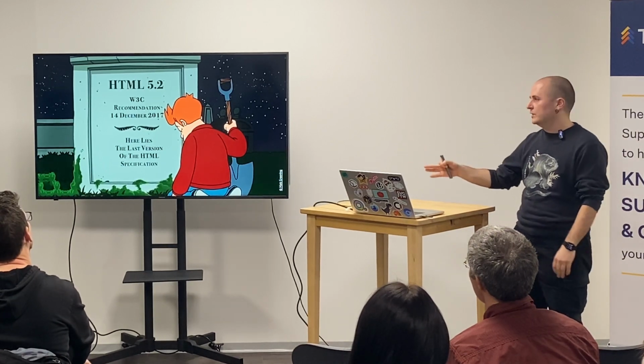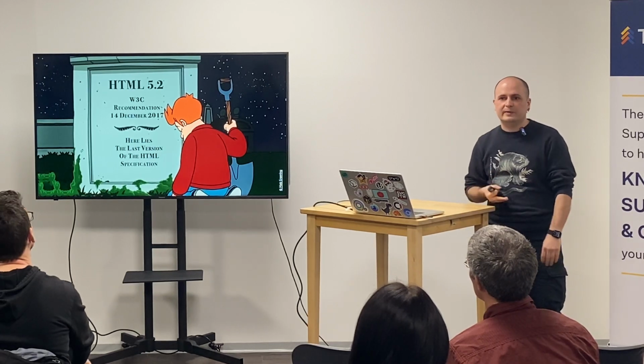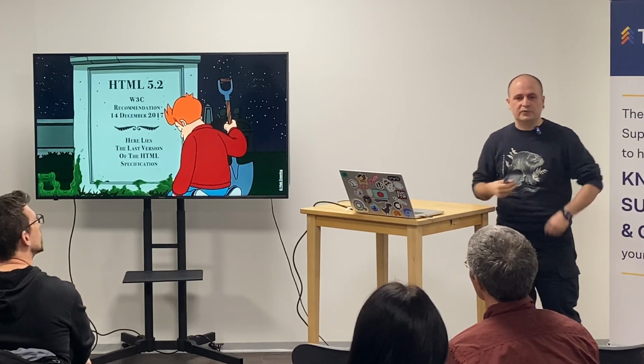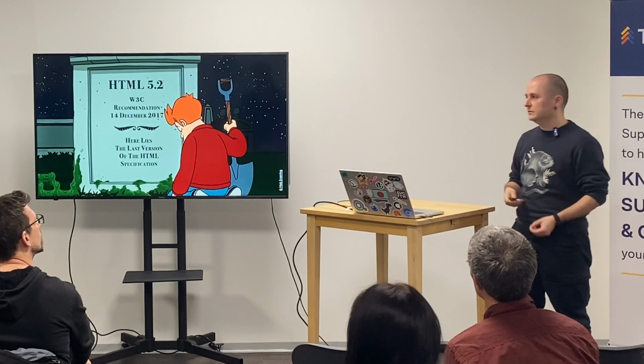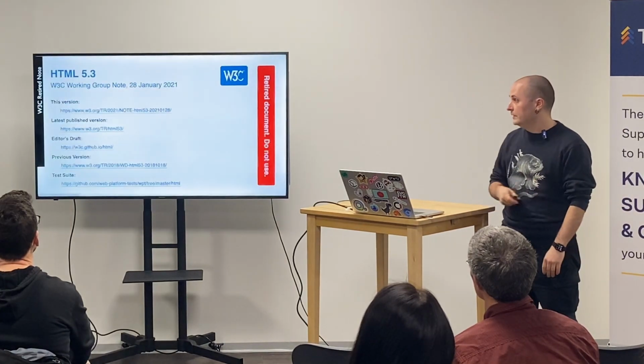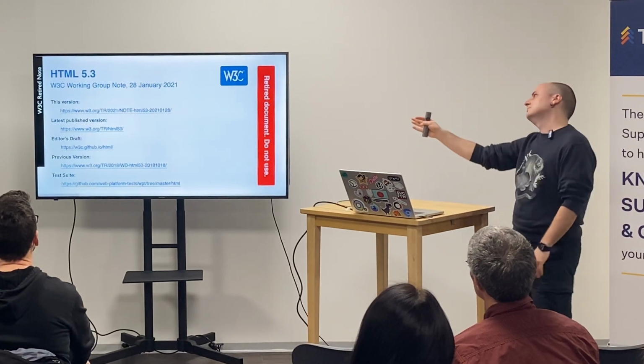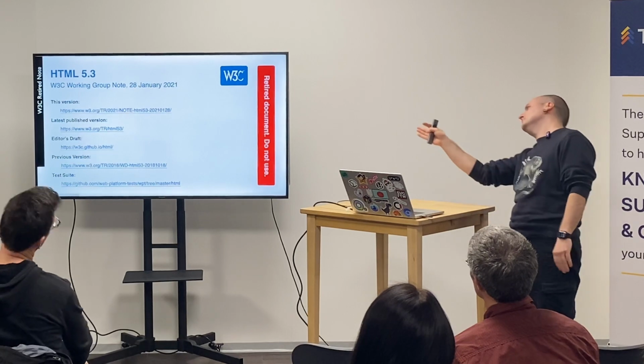So when you see someone using HTML 5.2 or previous versions of the spec to prove some point or to consult, let them know that it's not relevant anymore. And HTML 5.3, they started doing this, but it's a retired document, do not use.